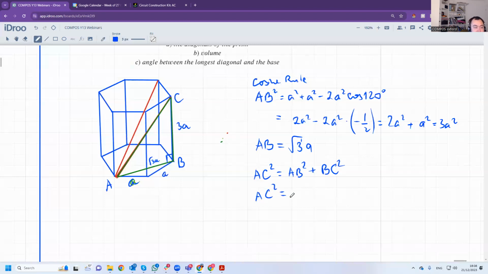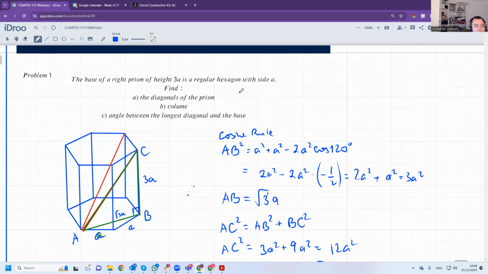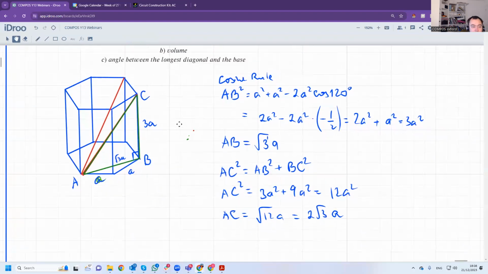So AC squared is AB squared, which is 3A squared, plus 9A squared, which is 12A squared. So AC is square root of 12A, which is 2 square root 3A. So that's one of the diagonals. Perfect.